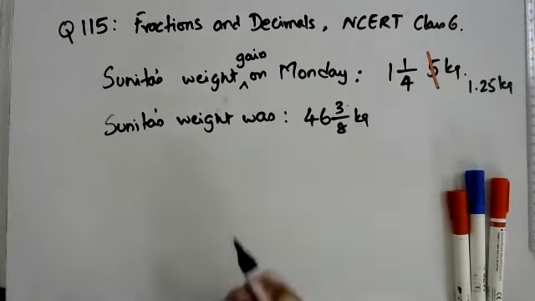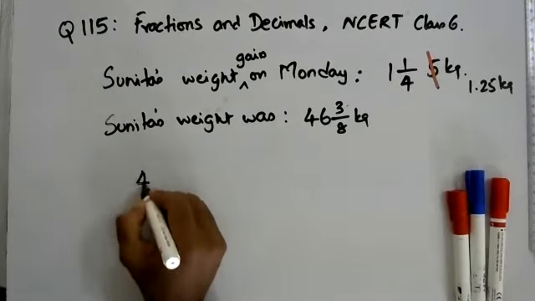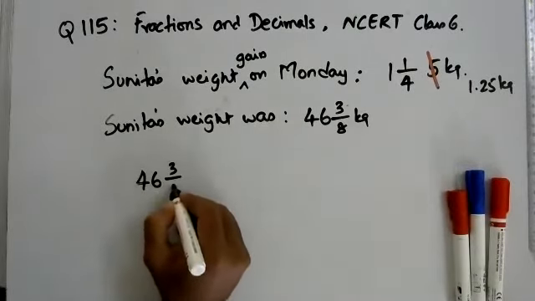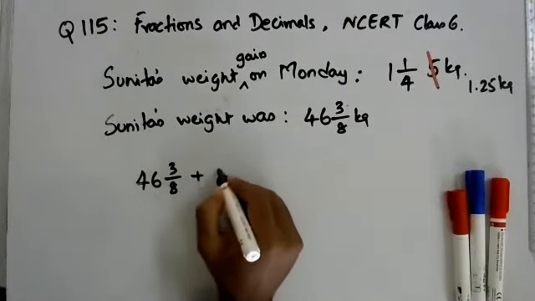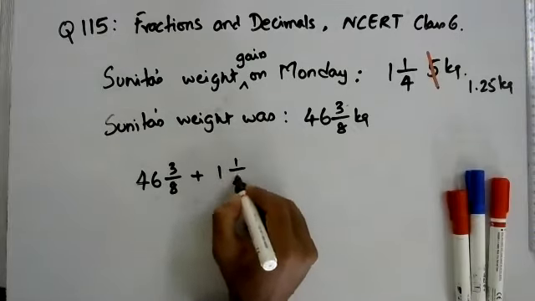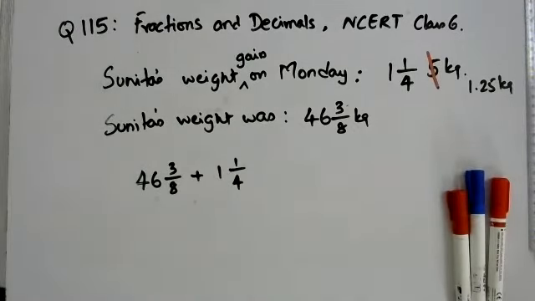Okay, so what approach do you think I should take? How do I add these two things up? 46 and 3 by 8 plus 1 and 1 by 4. How should I do this? First, turn 46 3 by 8 into an improper fraction.